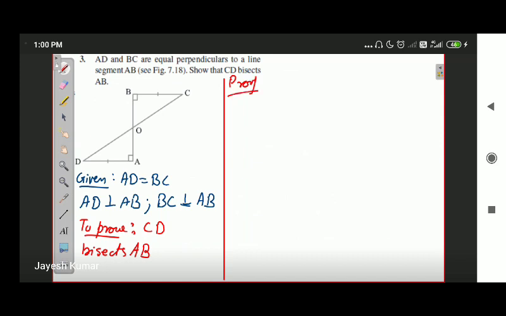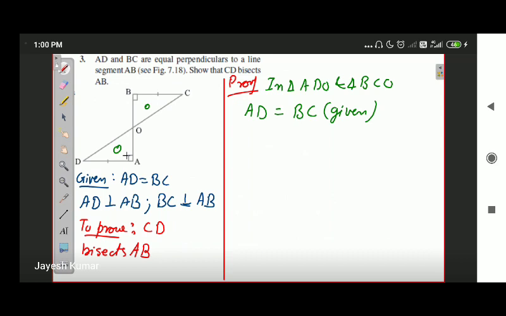First of all, what we will do is we will prove, as we did till now, these two triangles congruent. So in triangle ADO and triangle BCO, first of all, what is given to us in these two triangles is AD and BC are equal in length.